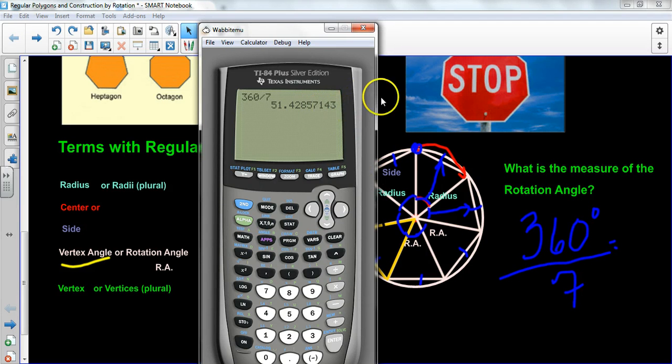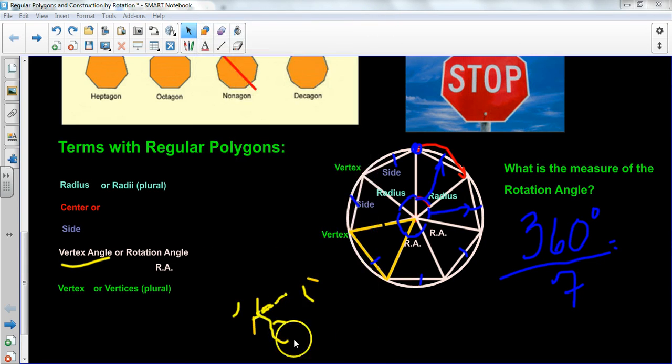Don't really know what else is going on here, but close enough. If we rotate this angle, all these points would just rotate to the next vertex. Rotational symmetry. Okay, so that's how we find angles of rotation. So I hope those are good notes there for regular polygons.